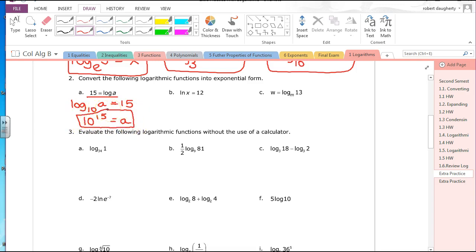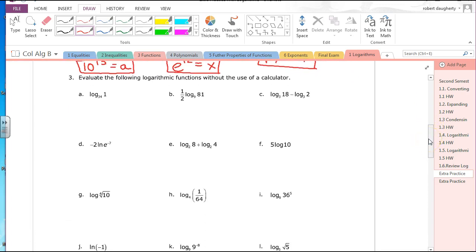If I look at this one, this is log base e of x equals 12. My base is e, my exponent is 12, so e to the 12 equals x. Log base m, so m is the base, w is the exponent, m to the w equals 13. That's going from logarithm expression to exponential expression.